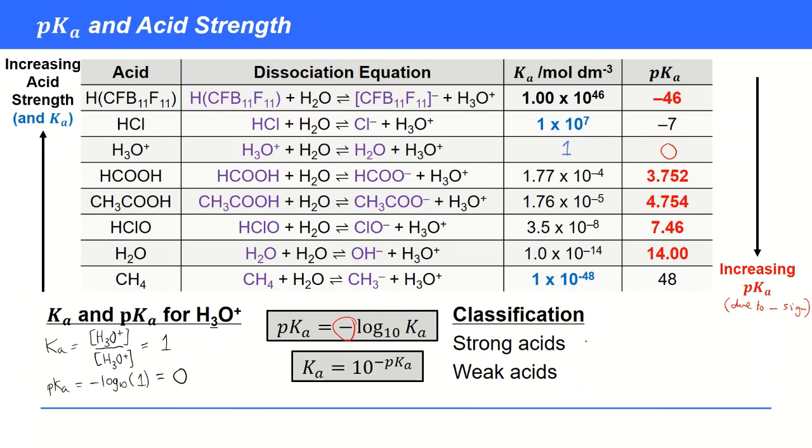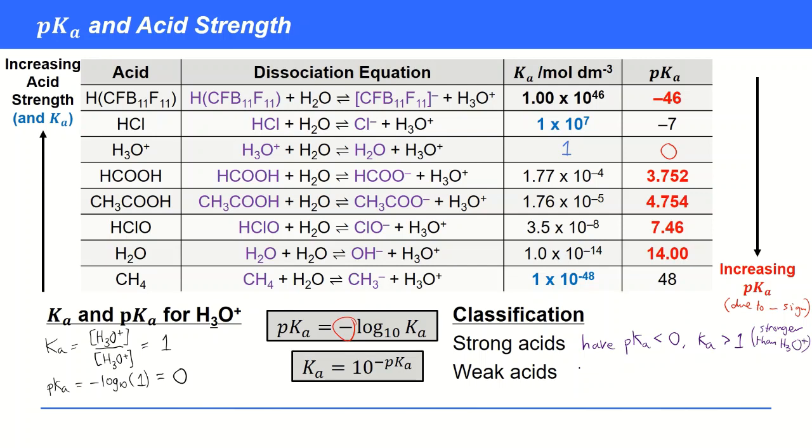So strong acids have a pKa less than 0, or we could think about them as having a Ka greater than 1. And these guys are stronger than H3O+.